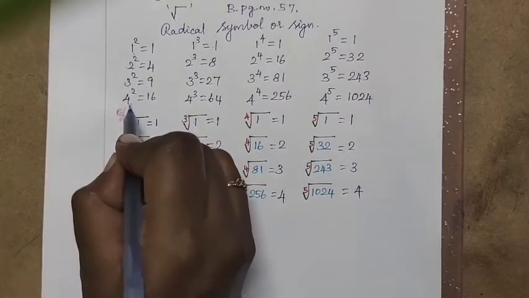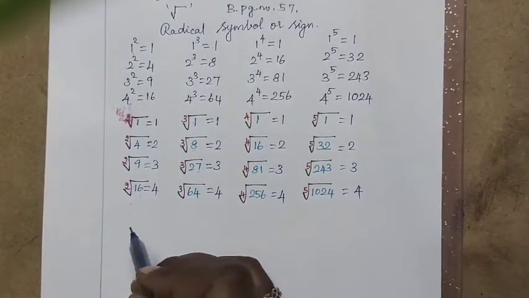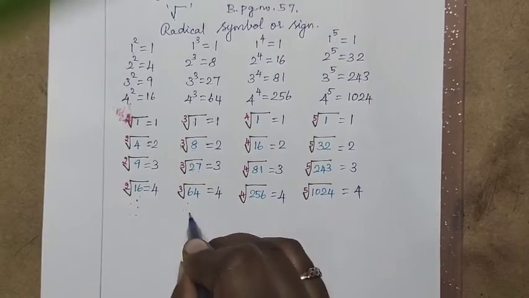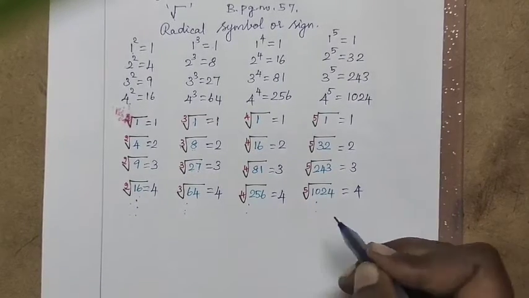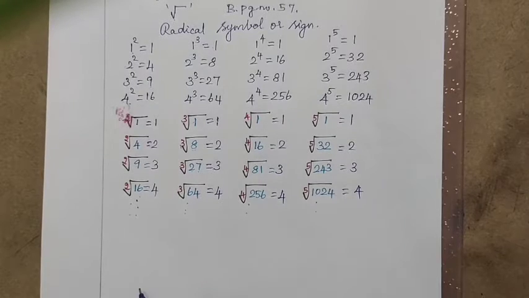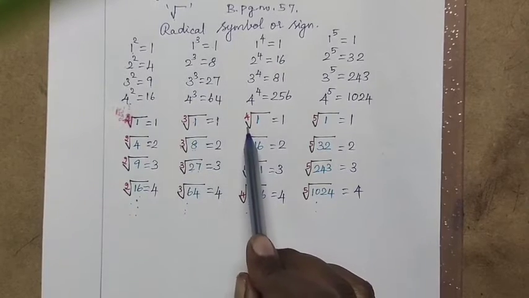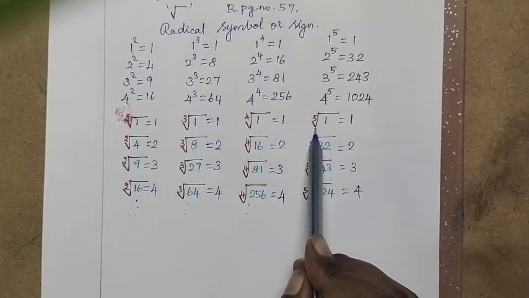If we extend like this, you will get one general term. This is square root, cube root, fourth root. This is fifth root.